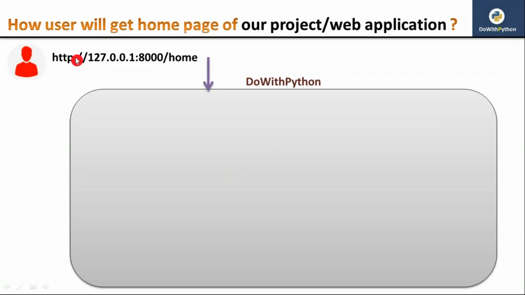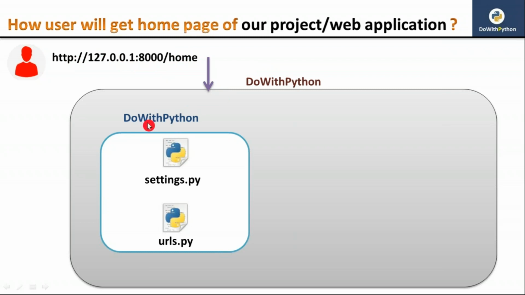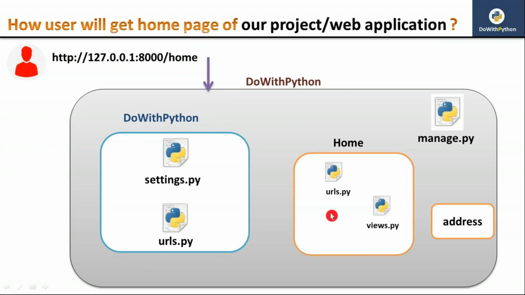If this is the user URL, first this URL request comes to your project. In your project you have this Django project structure. Just assume this is your project structure. Whenever the user enters this URL in his browser, that URL directly comes to your project.